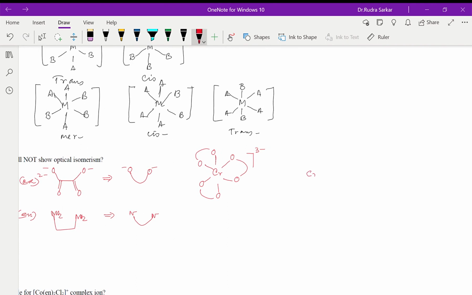Its mirror image, so this is showing optical isomerism, we can say.